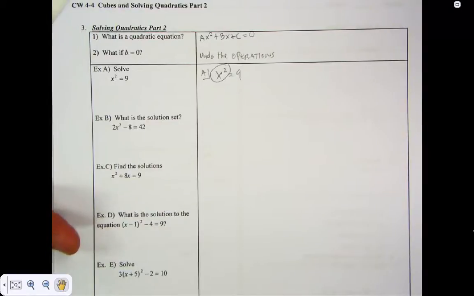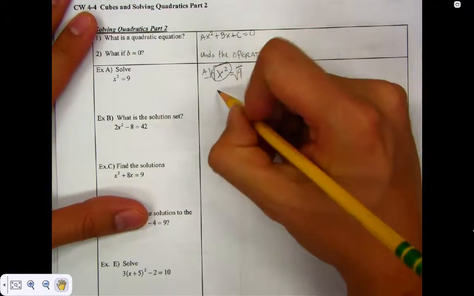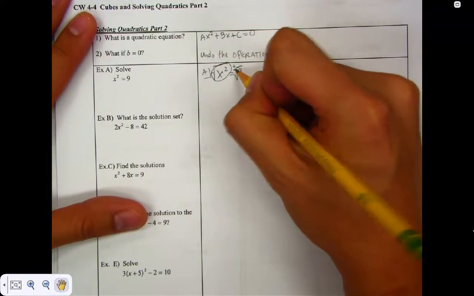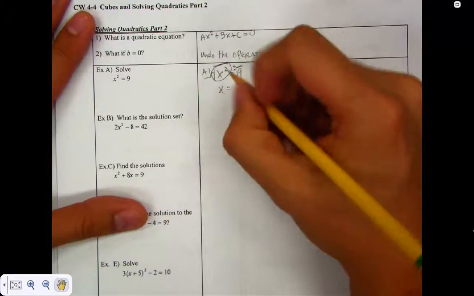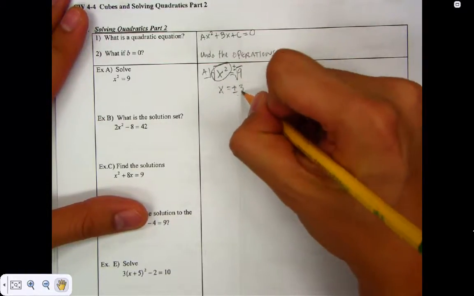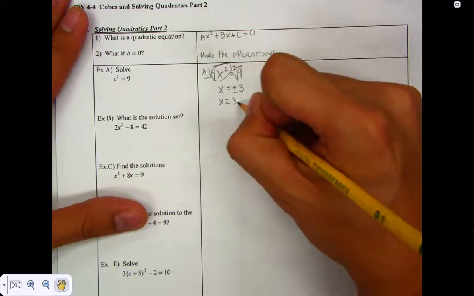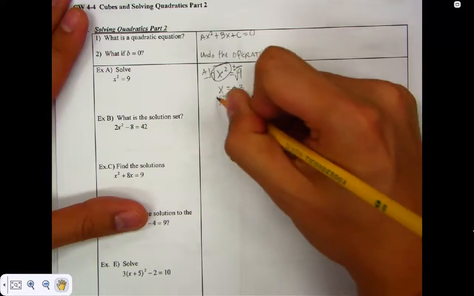To undo multiplication, you do division. So we're just going to take the square root on both sides. And whenever you take the square root, you need to write a plus or minus. So x equals plus or minus the square root of 9, which is 3. Now, some of you guys don't know what plus or minus means. It means positive 3 and negative 3. And that's your answer.